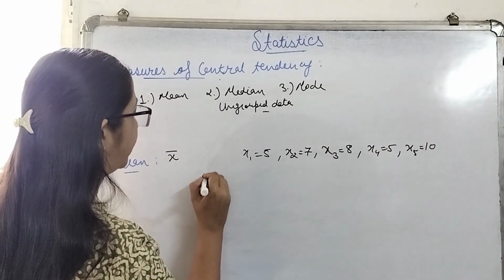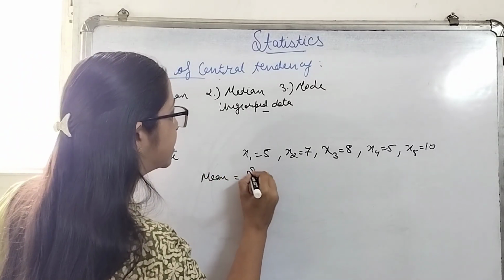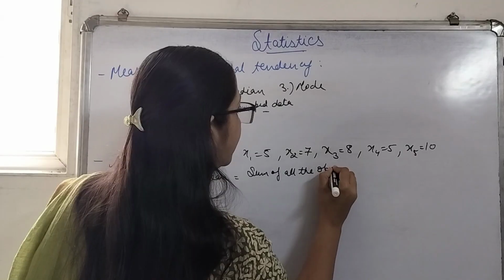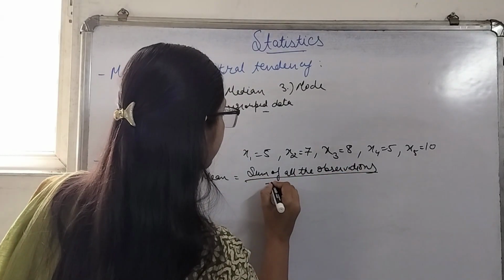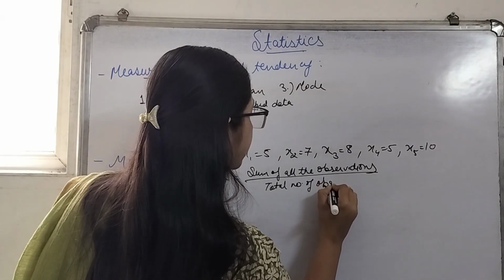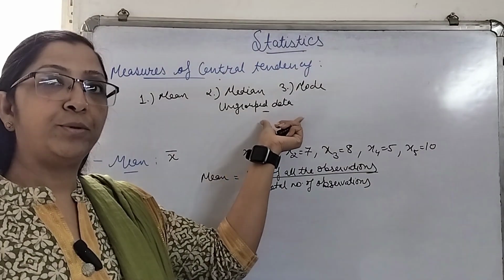As we just said, it is represented by x bar. So it will be sum of all the observations over total number of observations. This is the formula for finding mean for ungrouped data.